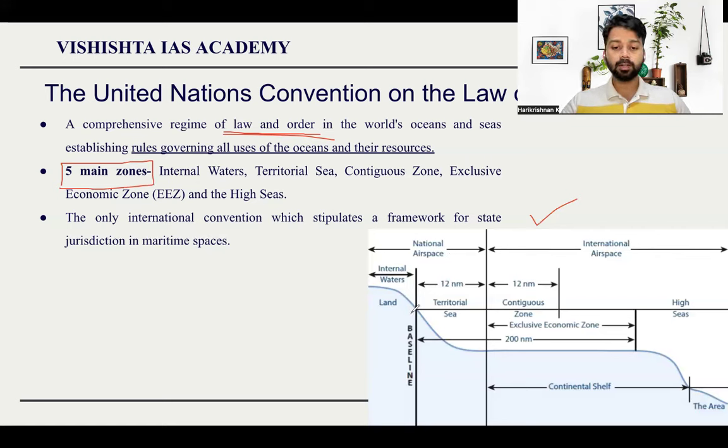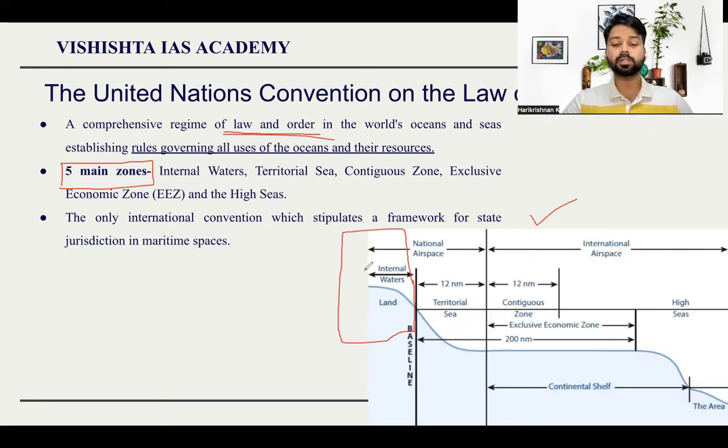Let's say the land of a country is until this region. Any water body that comes inside the land of a country is called internal waters. So any lake, any backwater, marine ecosystem, for example, the ecosystem that comes within the border of a country but has water space in it.